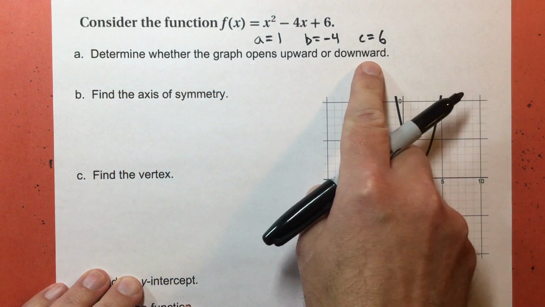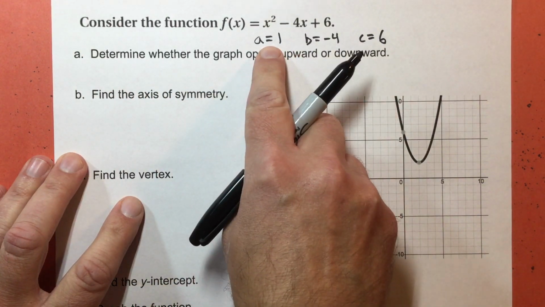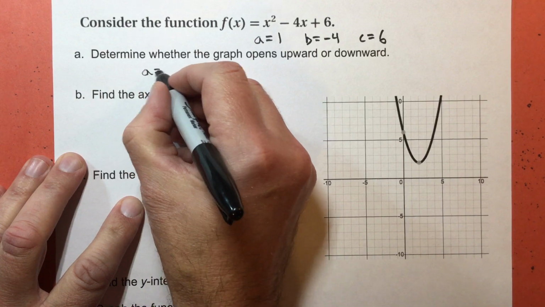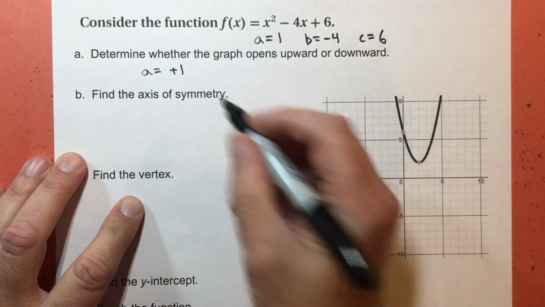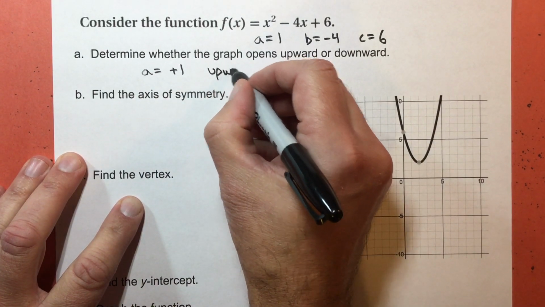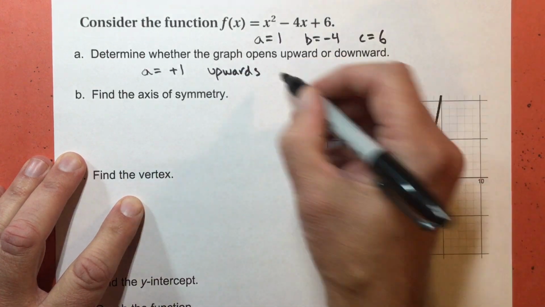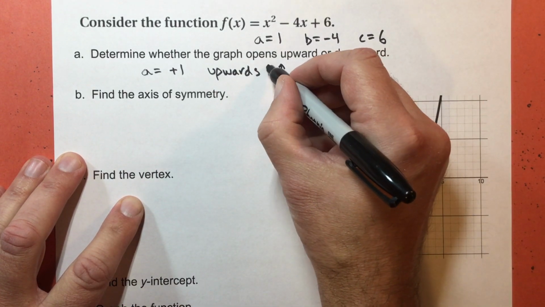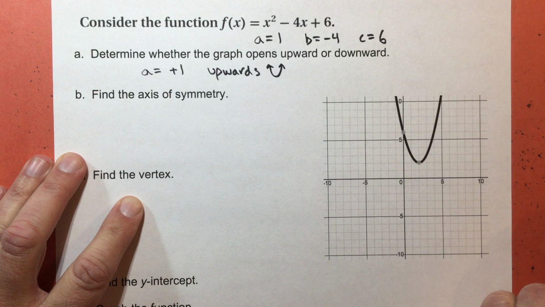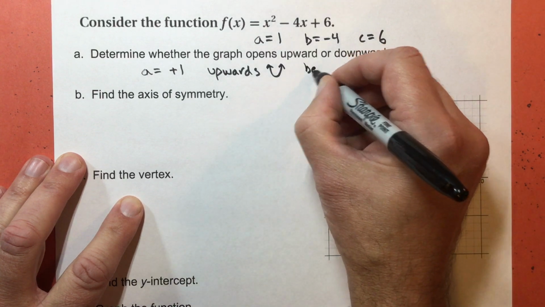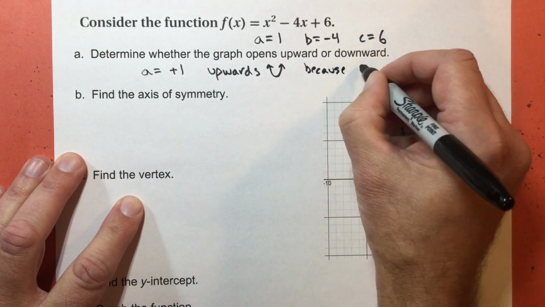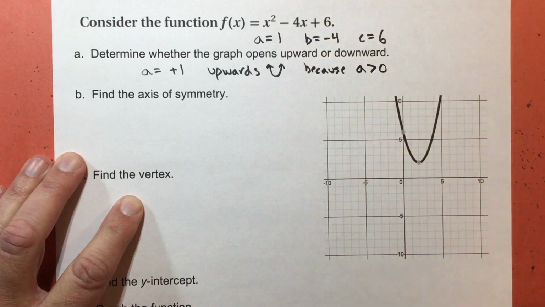Does the graph open upward or downward? A equals 1, and A equals +1. So it opens upwards like a smiley face. I'll put arrows in, but don't put arrows in, okay? Because A is greater than 0.